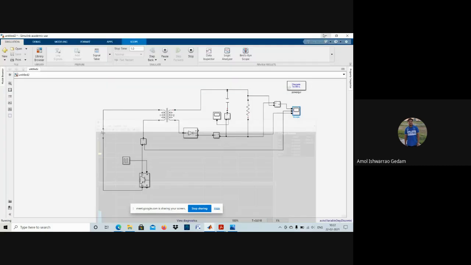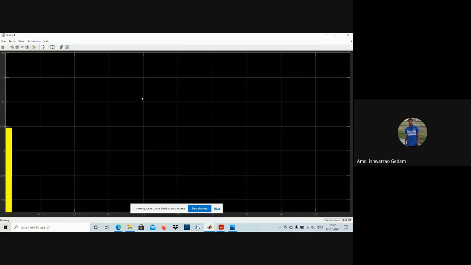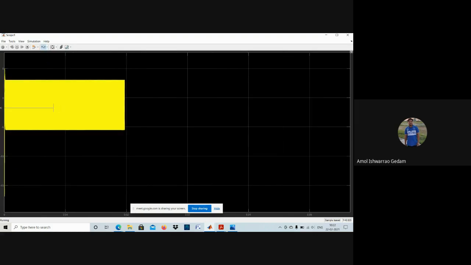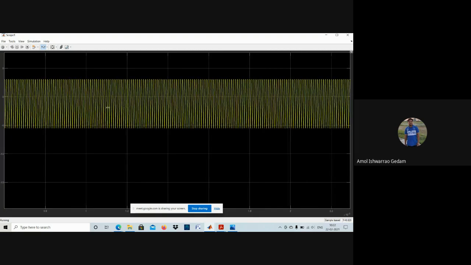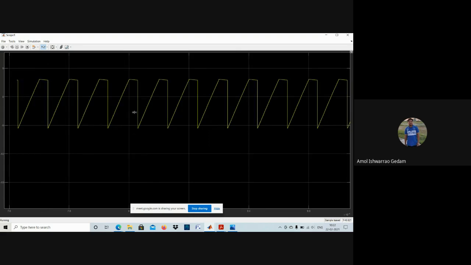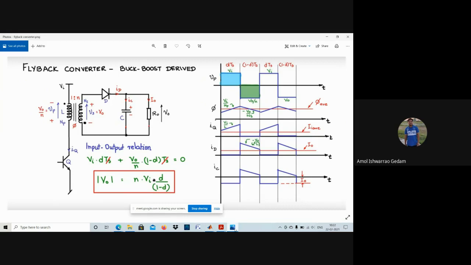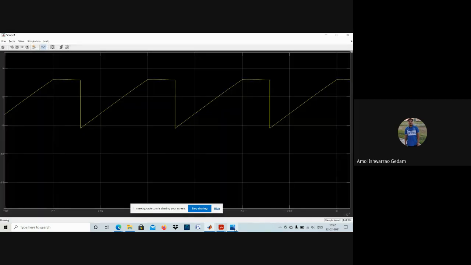And this is the capacitor current. I think direction I have kept reverse. Okay, this is the capacitor current.